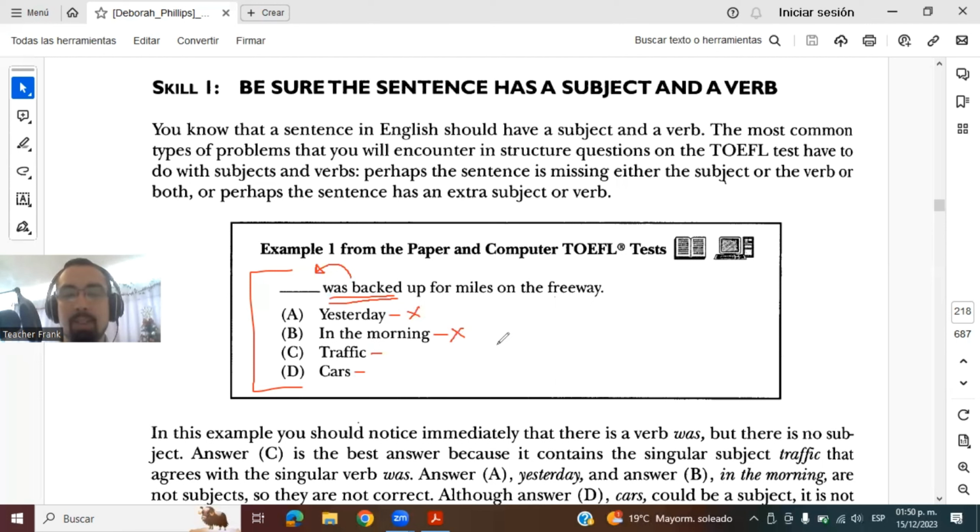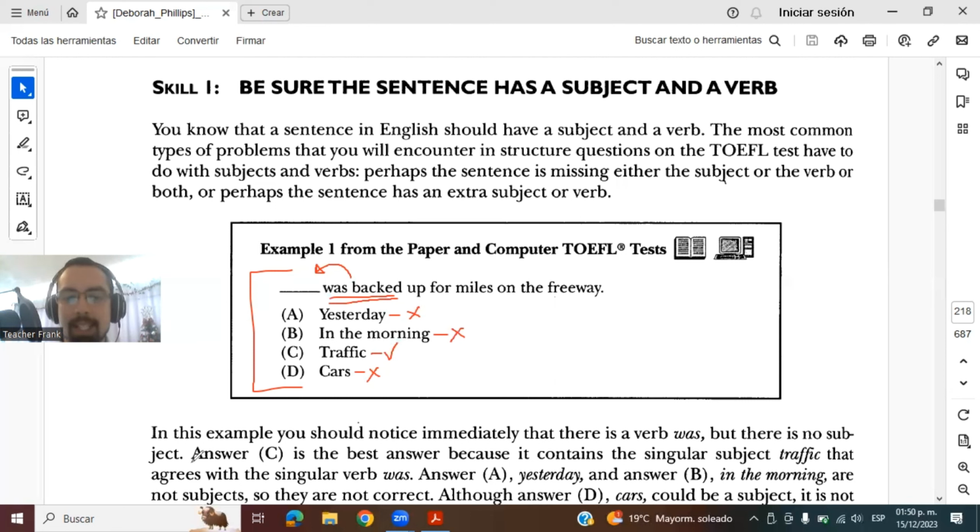So that's not going to be a possibility for a subject. We have traffic and cars. Now we can say cars, right? Were backed up for miles, but not cars was. So in this case, it would be a conjugation problem. And our best option is traffic, right?